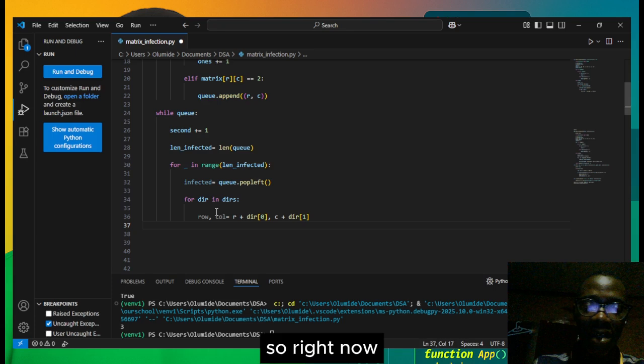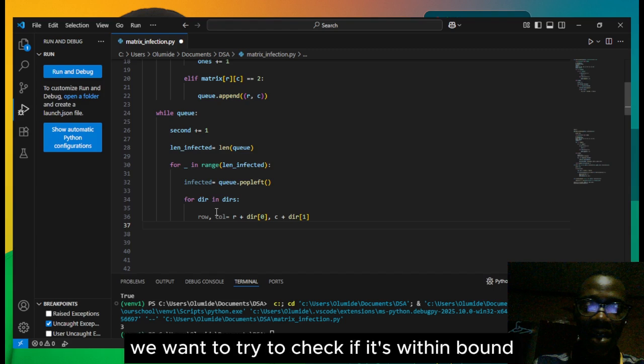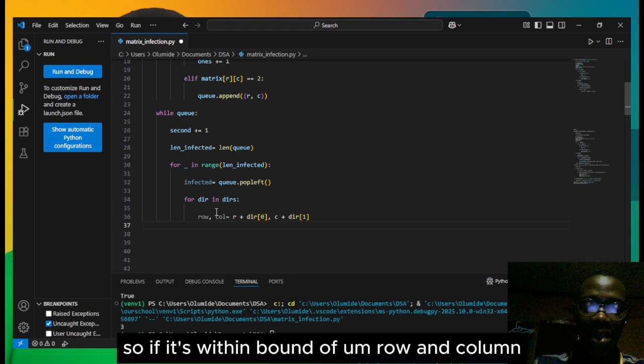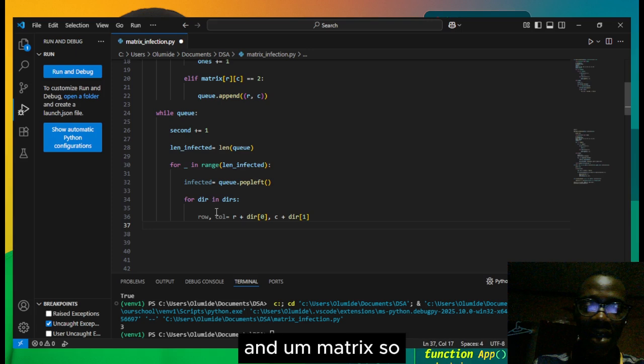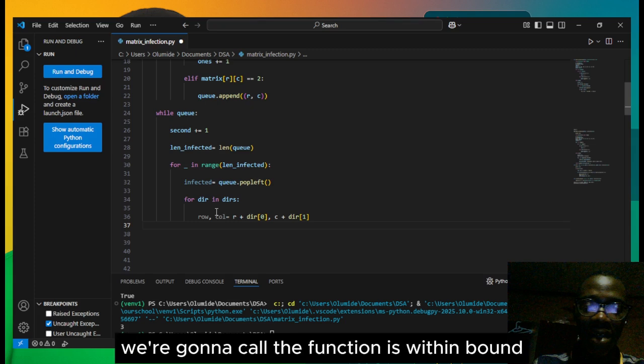So right now that we have our row and column, what we now do is check if it's within bounds of the row and column in the matrix. What we mean by this is that we're going to be defining a function, and we're going to call the function is_within_bounds.